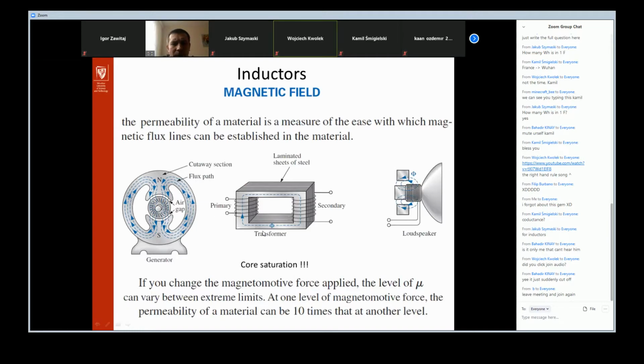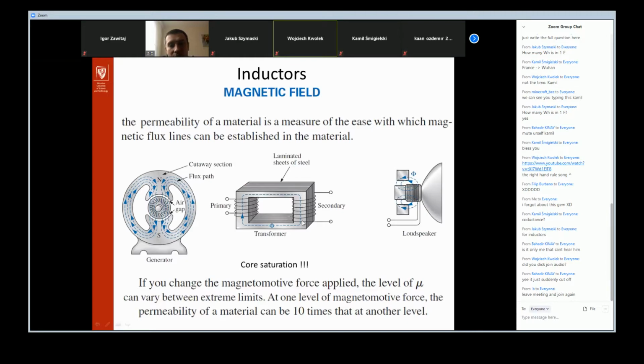We have the primary coil and the secondary, and they are connected together by a laminated sheet of steel. Steel is a ferromagnetic material. That's why the magnetic flux lines are not going outside, but are leading inside the ferromagnetic material.